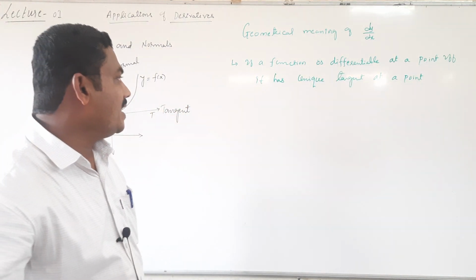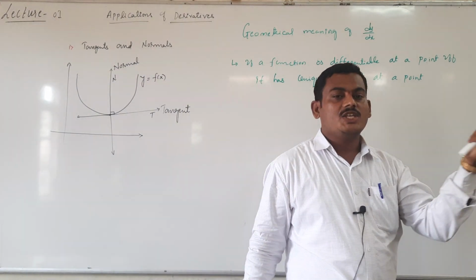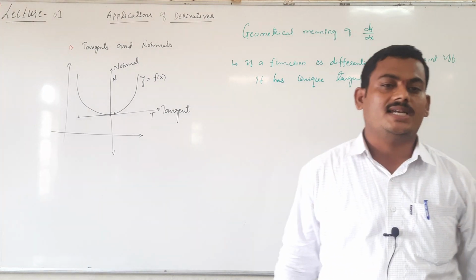Geometrically differentiable means it has unique tangent. Unique means only one tangent.